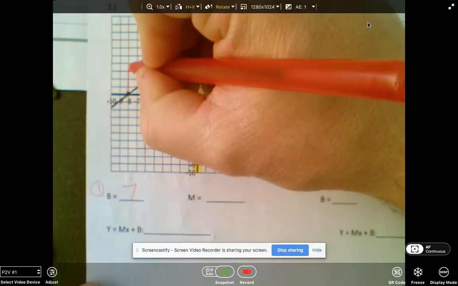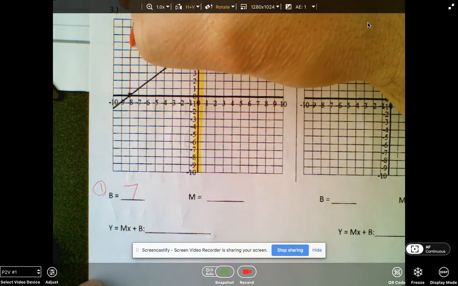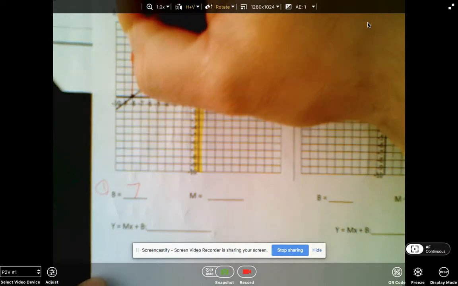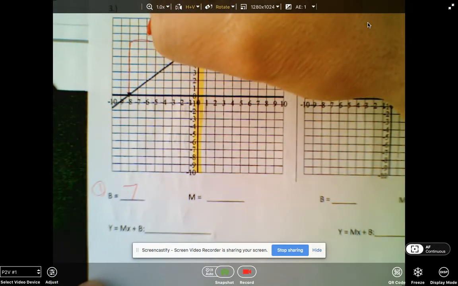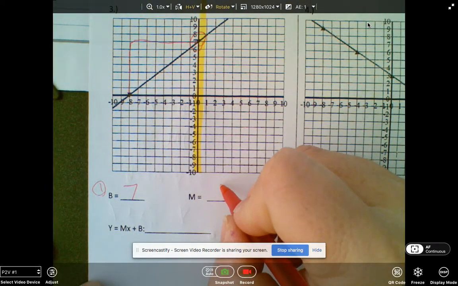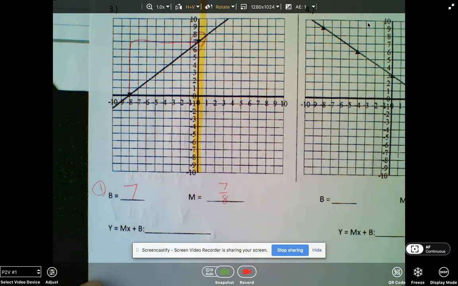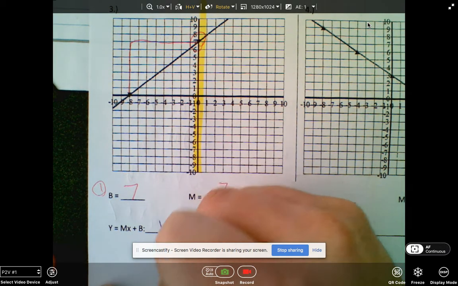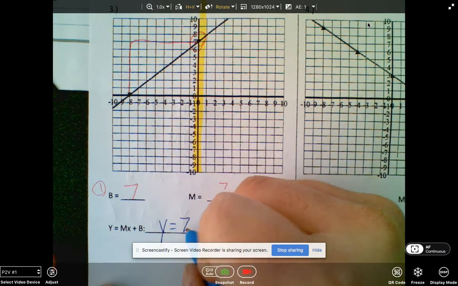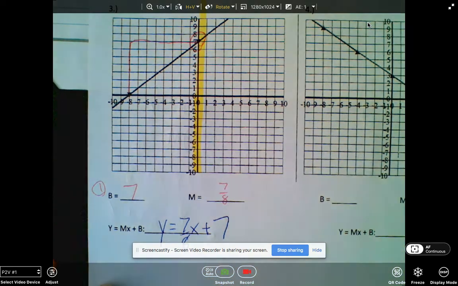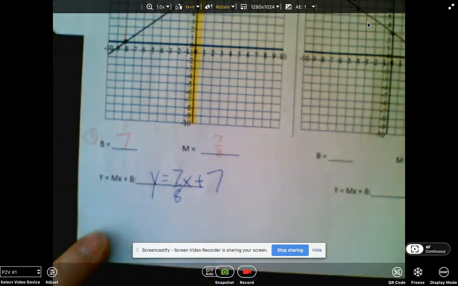We'll go up and over 7, and over 8. So the slope, hopefully you said 7/8, and then the actual equation would be y equals 7/8 x plus 7. Hopefully that's what you got.